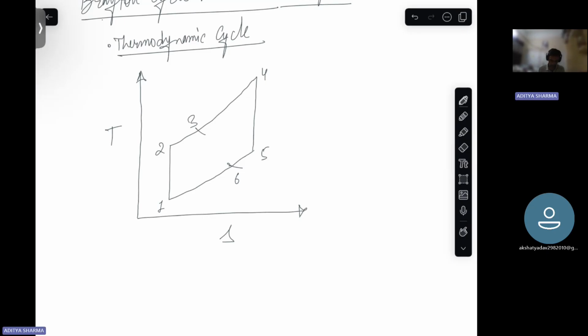Okay, this is your compressor, this is your heat exchanger, this is your combustion chamber, this is your turbine. Again, this is the heat exchanger.